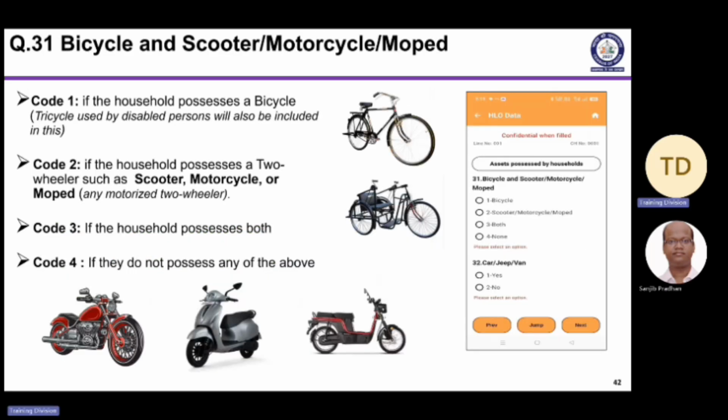Then two-wheeler, bicycle, scooter, motorcycle or moped. So here we have four codes: one for bicycle, tricycle used by disabled persons will also be included in this. Then code number 2 is having two-wheeler such as scooter, motorcycle or moped, or any motorized two-wheeler. Code 3, if the household possesses both. And code 4, if they do not possess any of the above.